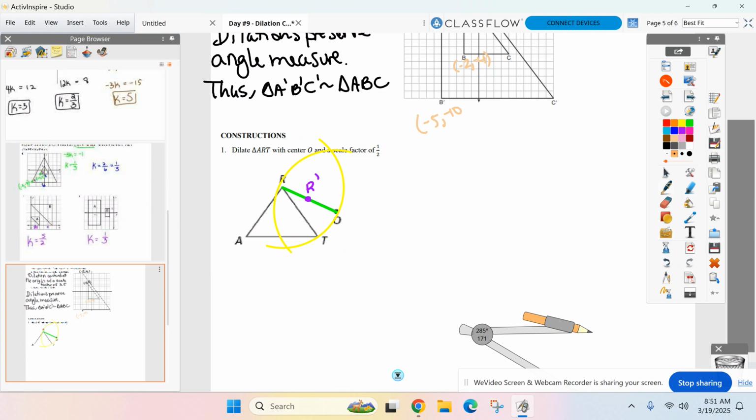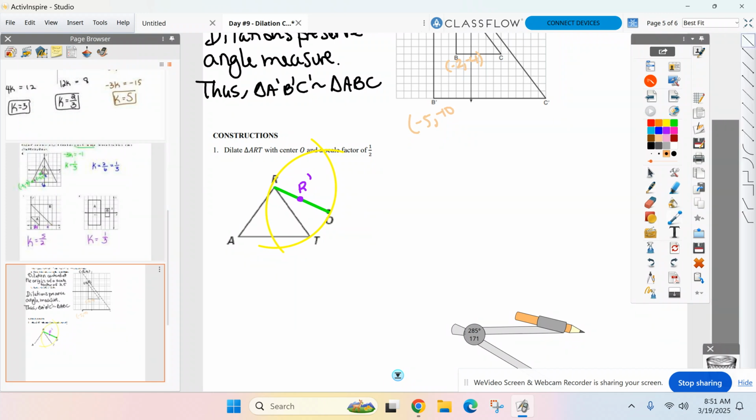Okay, here we go. Now we got to do it from T to O and A to O. So I'll let you guys roll on your own now. I'll finish mine and then come around and help you guys out.